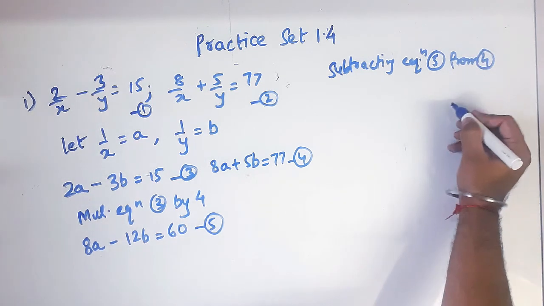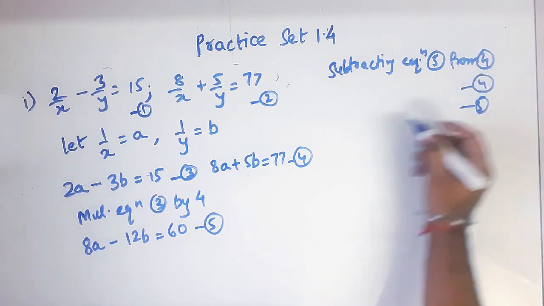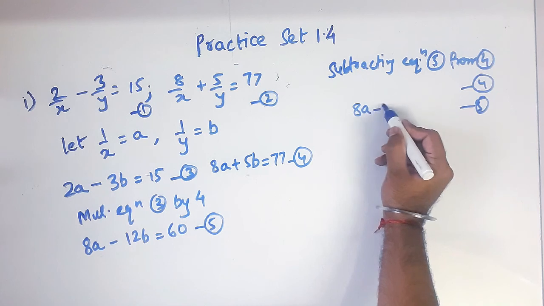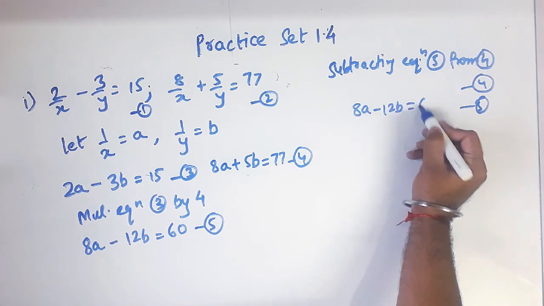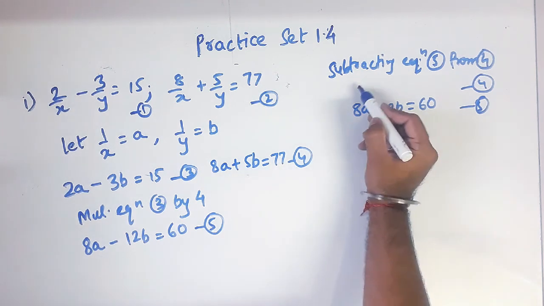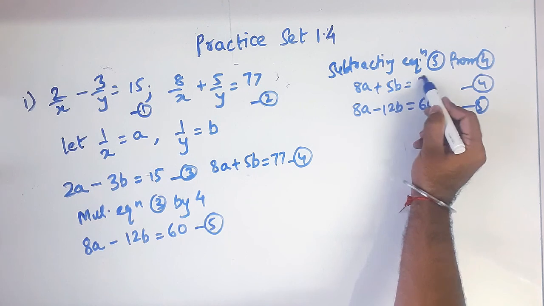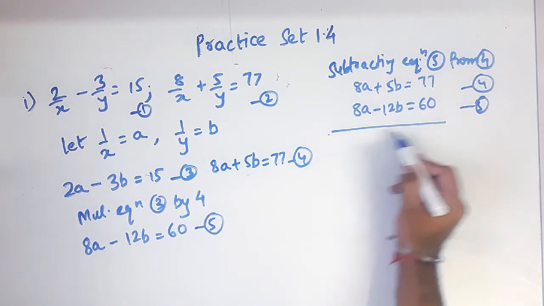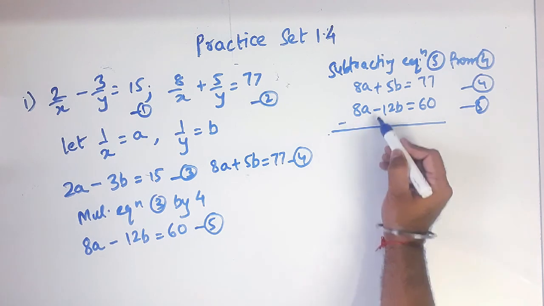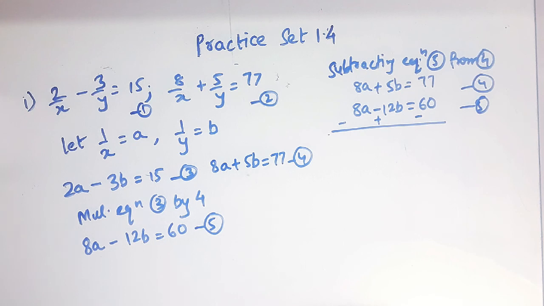I'll write 5 below, 4 above. 5 is 8a minus 12b equals 60, and fourth is 8a plus 5b equals 77. On subtraction, the signs change: minus becomes plus, plus becomes minus.